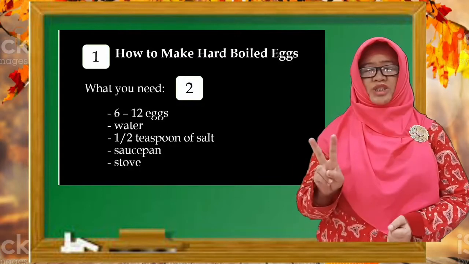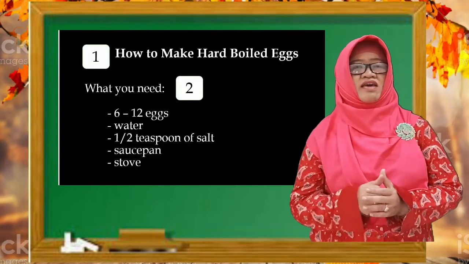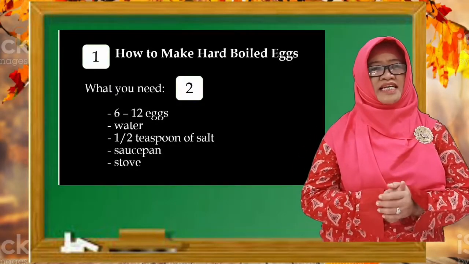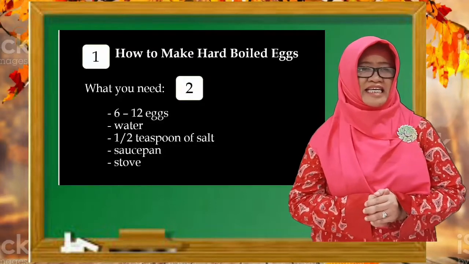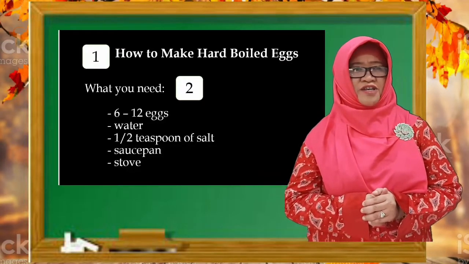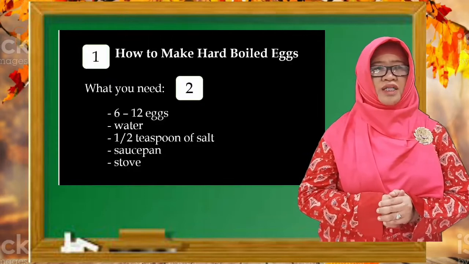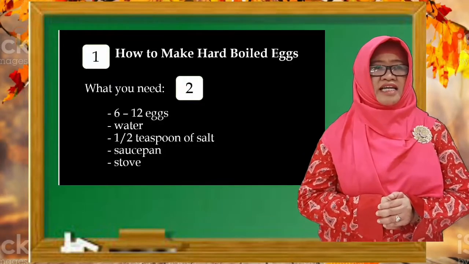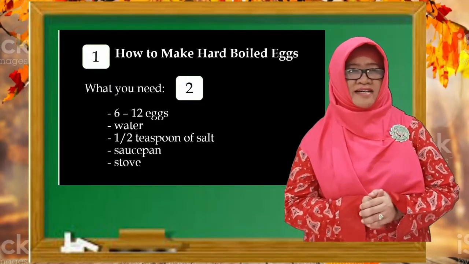Now look at part 2. In a procedure text, this part is called Tools and Materials. You put all the tools or materials needed in reaching the goal in this part.